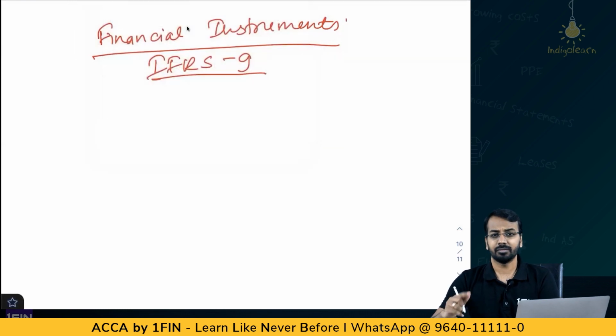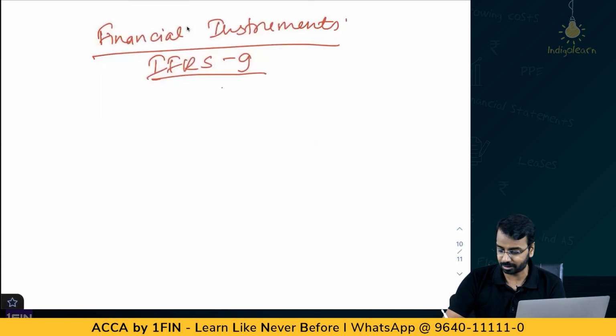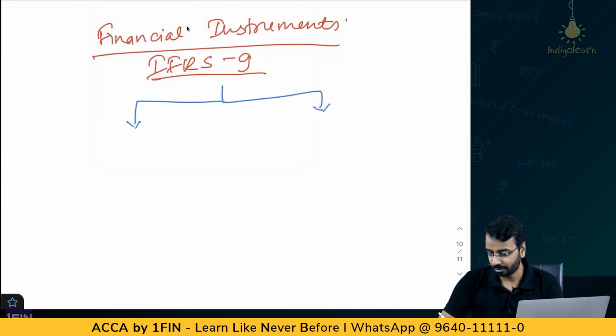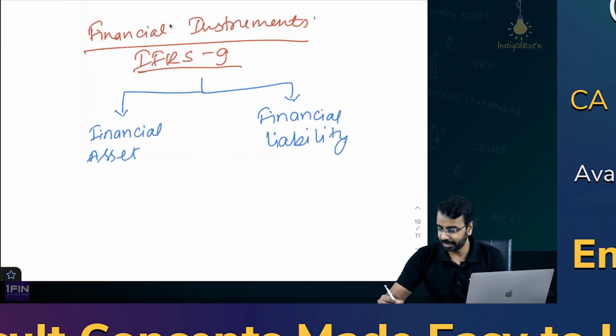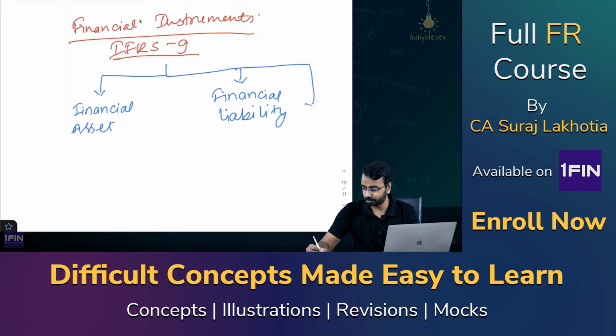And when we talk about financial instruments, we are talking about two aspects, or rather three aspects. One is a financial asset. Then we have a financial liability, and then the residual portion, which is called equity.